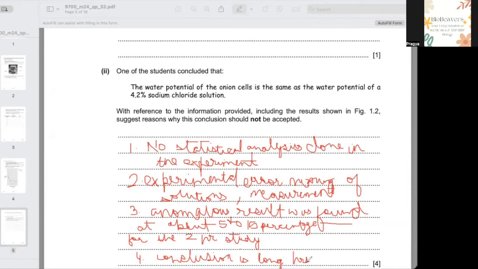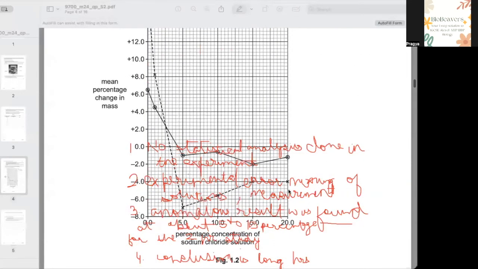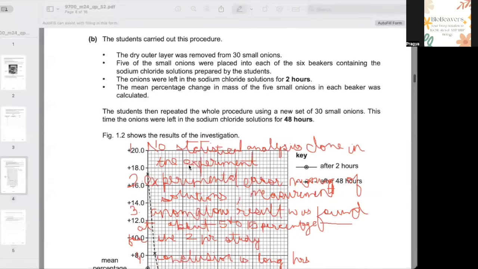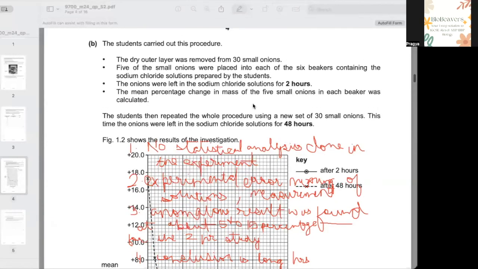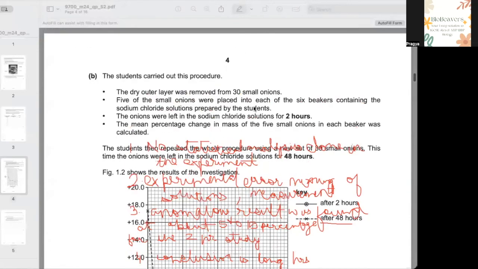If it's not left for long hours, you can see how much percentage mass it's actually decreasing. So if you have a look here for a 48-hour study, we can say that yes, 4.2% might be the concentration that we are talking about.